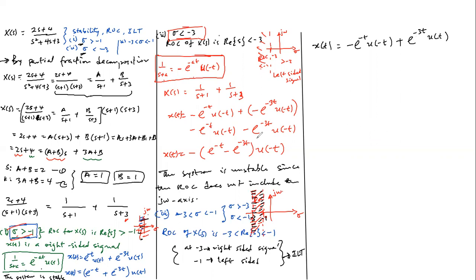That's the inverse Laplace transform. And this system's region of convergence does not include the j omega, so the system is unstable.